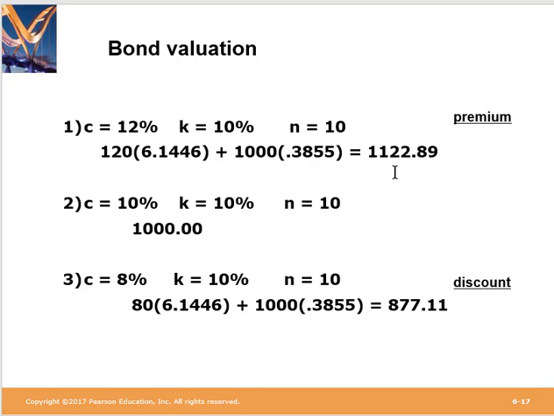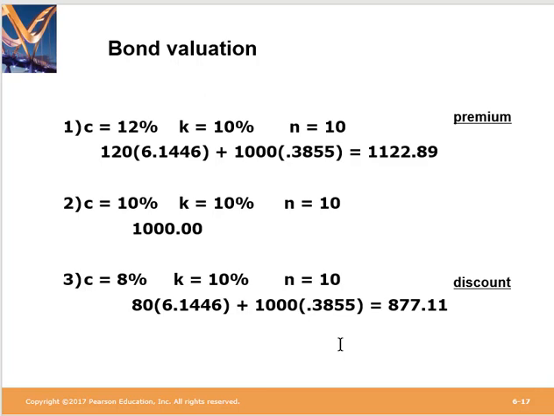Now, I suggest you try this out in the bond valuation worksheet to make sure you get the right answer. In addition, if the coupon of this bond was 8%, it would sell at a discount. The coupon is less than the required return, so again, it's going to sell for a lower price.